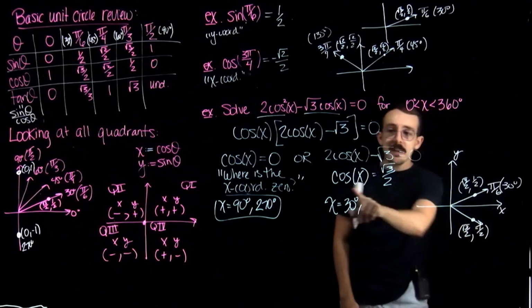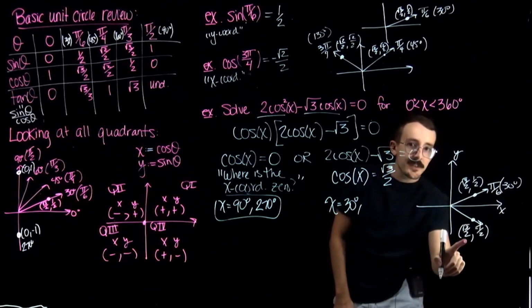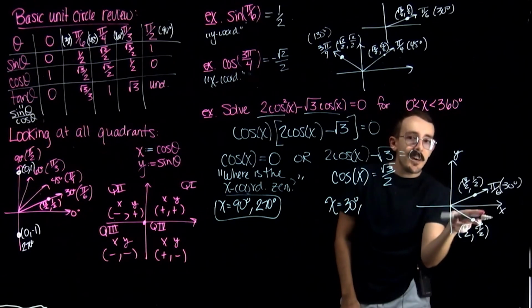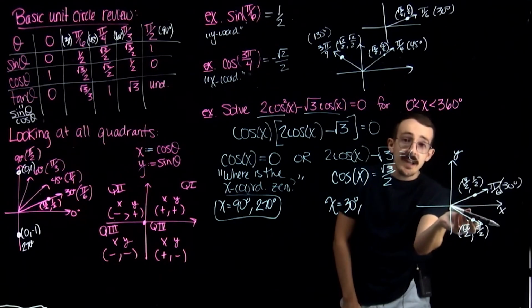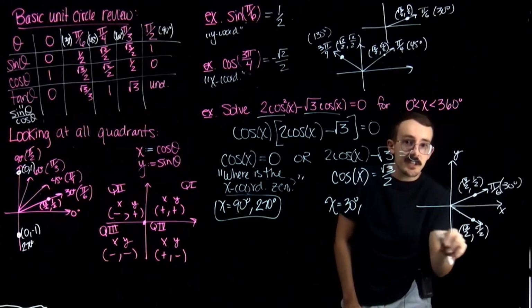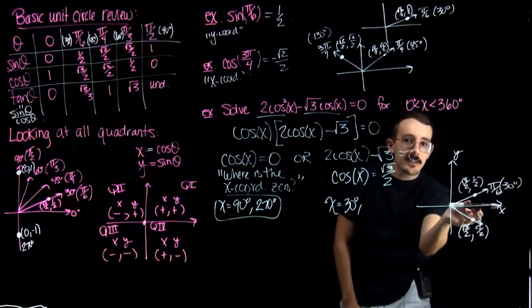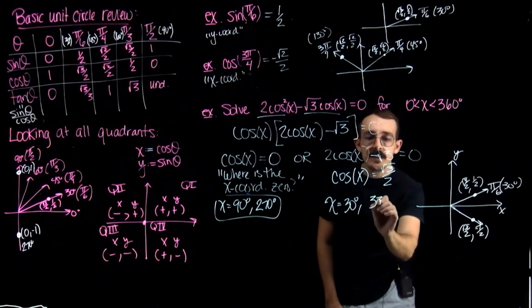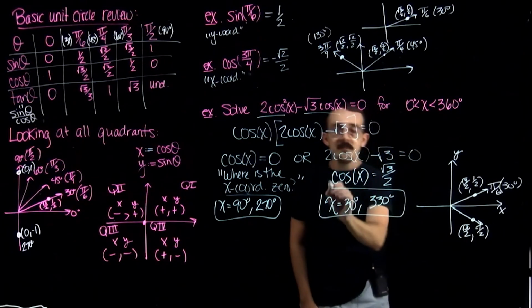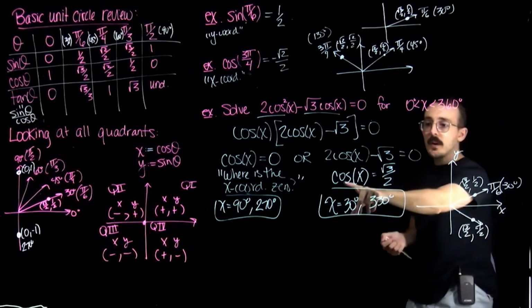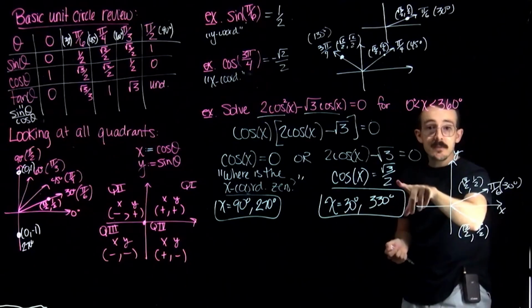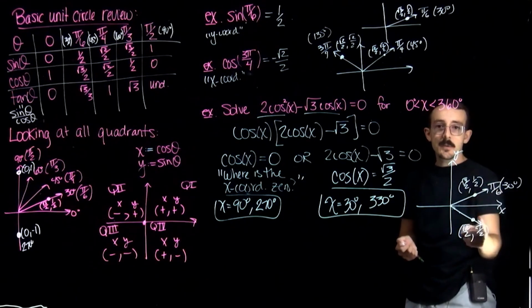But that doesn't matter, because cosine's only focusing on the x-coordinate here. So if we've gone 30 degrees positive this way, the mirror image is 30 degrees this way. What angle measure do you get when you take a full rotation, 360, and you subtract 30 going this way? That's going to be 330 degrees, which is my other solution. So we found both angles where cosine is positive root 3 over 2. It's here and also in the fourth quadrant here.